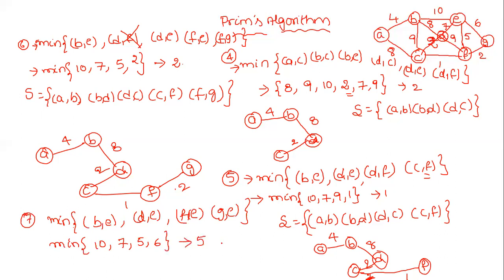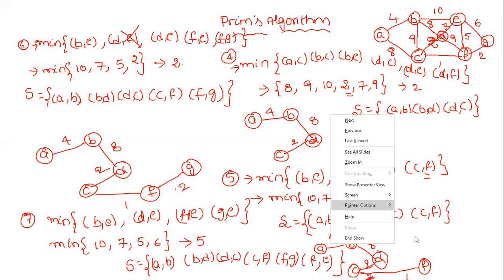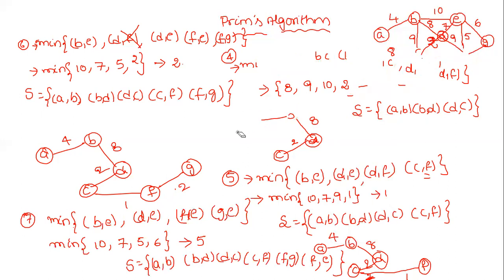That's why we will consider F to E. So the spanning tree becomes A to B, B to D, D to C, C to F, F to G and F to E. This is the spanning tree. Finally, the minimum cost spanning tree here is this one.